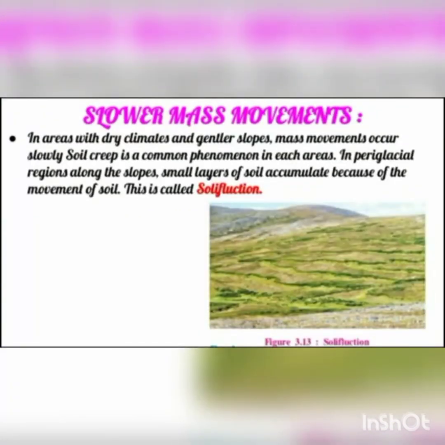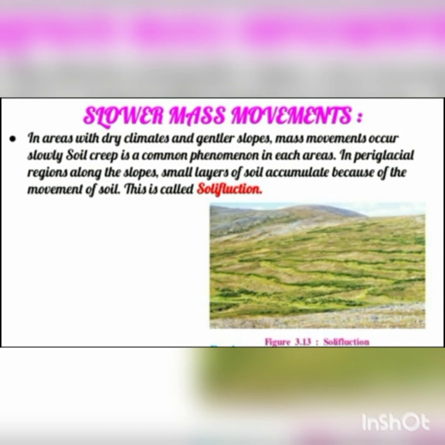Next we are going to study slower mass movements. In areas with dry climates and gentle slopes, mass movements occur slowly. Soil creep is a common phenomenon in such areas. In periglacial regions, the areas adjacent to glaciers, small layers of soil accumulate along the slopes because of the movement of the soil.